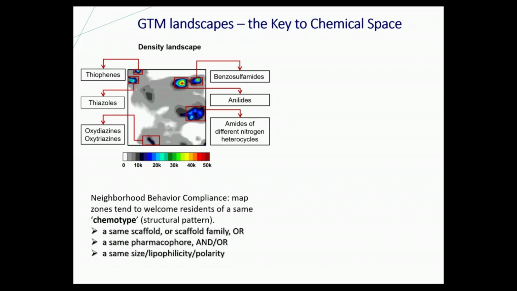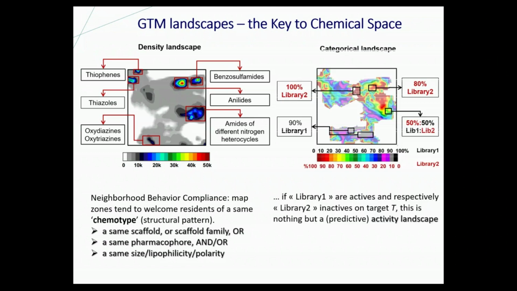So insofar, looking at these responsibility landscapes is supposed to make chemical sense. And furthermore, if you start coloring the landscape by the nature of the resident items, you can obtain various predictive landscapes. So, for example, you can compare two libraries.